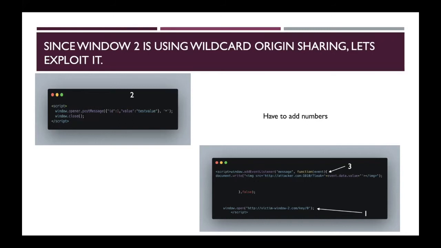So once victimwindow2.com/key.0 gets opened, it will share the value with any of the event listeners. Now I'm using the particular domain, attacker.com?leak, and it's passing every piece of data in event.data.value.